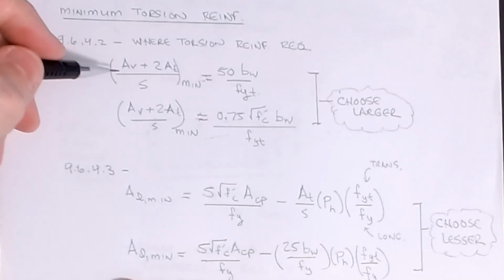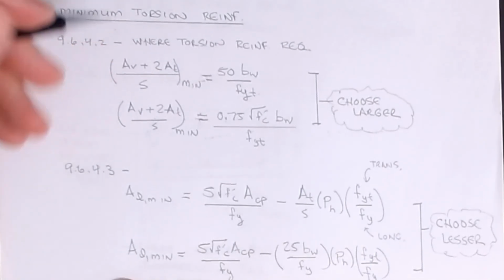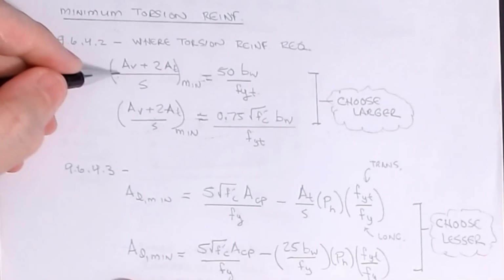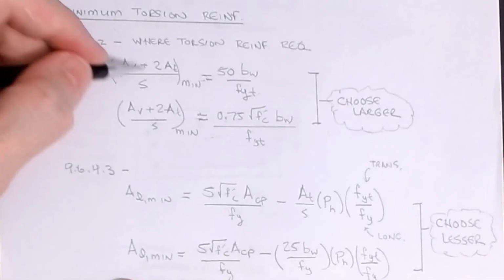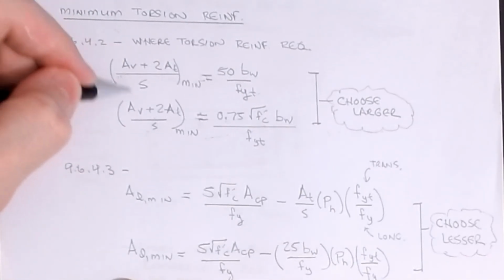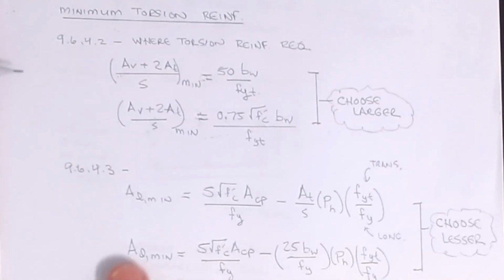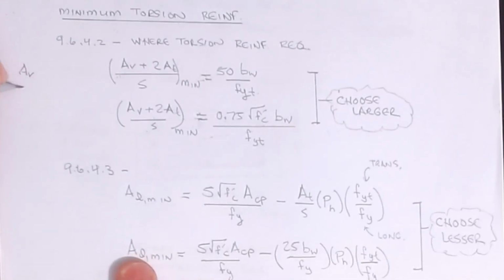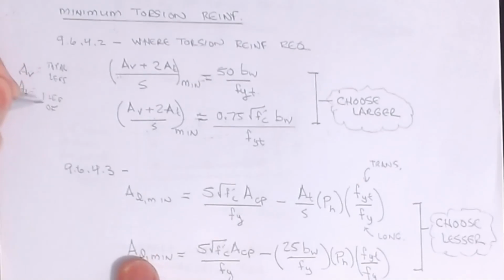But what's changed now with torsion in the picture is we modify our formula. Instead of just being Av over s, it's now 2At plus Av over s. You've got to pay special attention to Av and At, and we talked about that last time as well. This is the total legs of your shear steel. This is one leg of the torsional transverse.